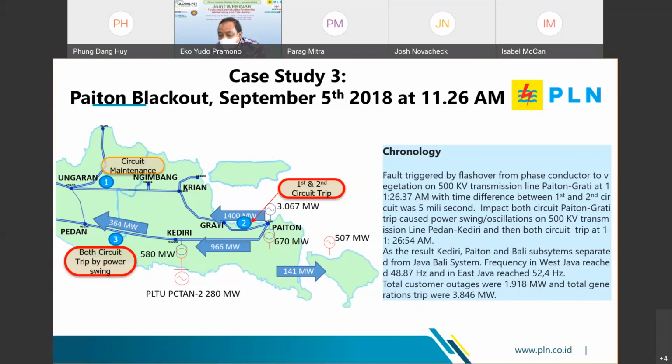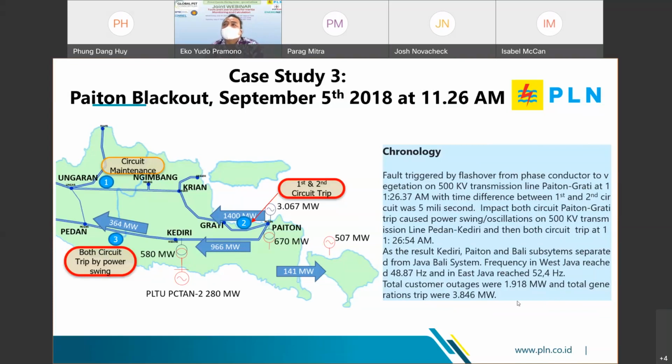So maybe 2,000 megawatt on Paiton-Kediri triggered the out of step, or the power swing, in our system. The relay protection in Kediri detected the power swing and tripped Kediri-Paiton, so we lost up to 2,000 megawatt of generation from Paiton.